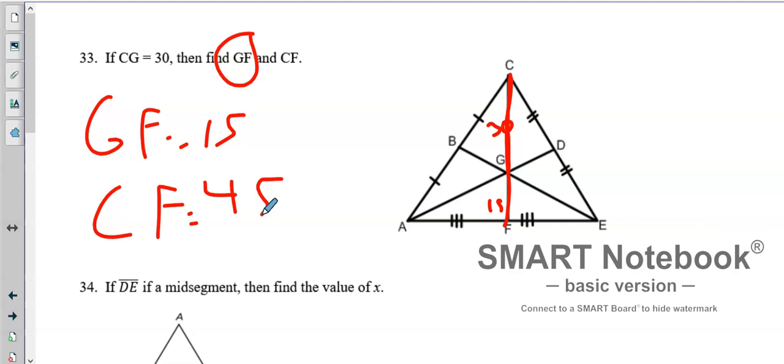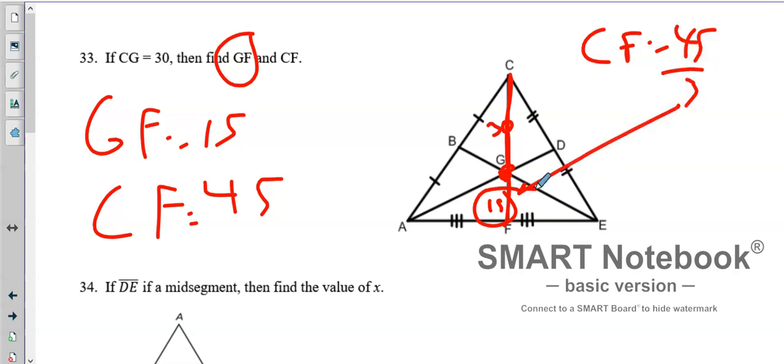So remember, when you have these medians, they form the centroid right here. It's got a very simple ratio of 2 to 1. The small piece is 1/3 of the whole thing. So if they would have given us CF, if they would have said CF is 45, you would have divided by 3 and gotten 15.